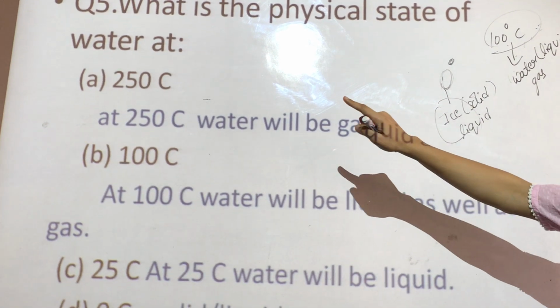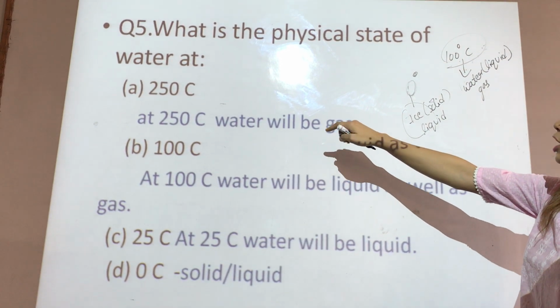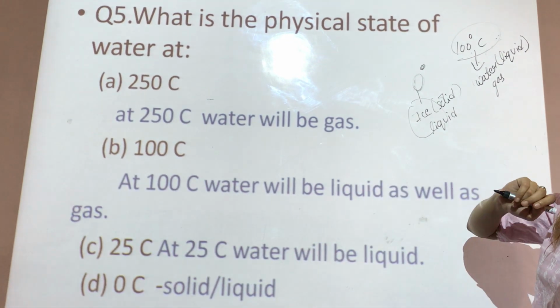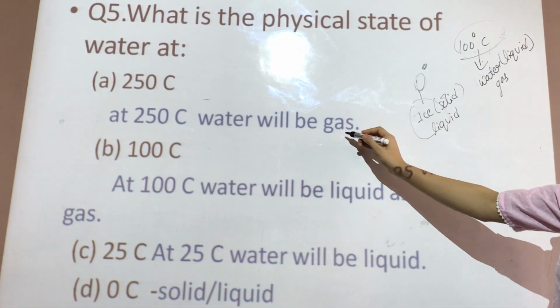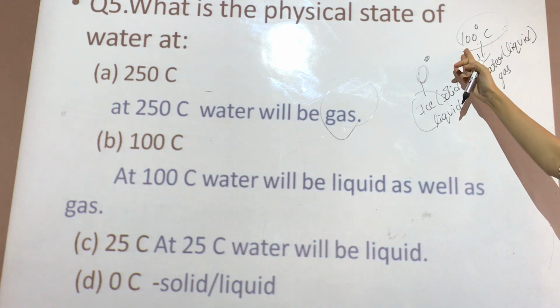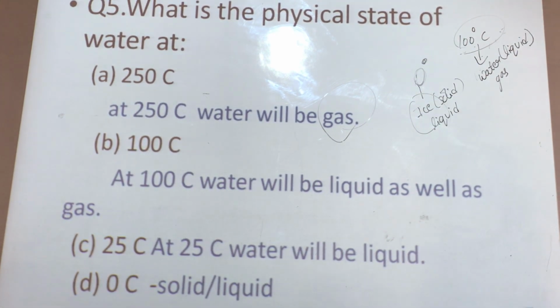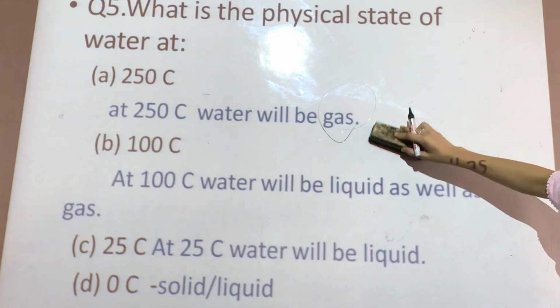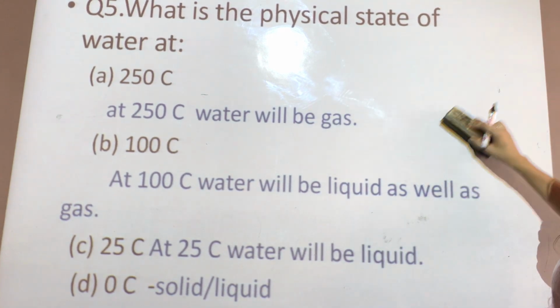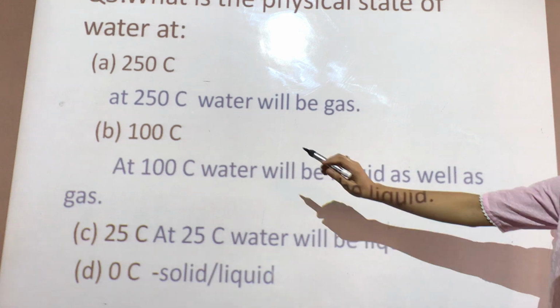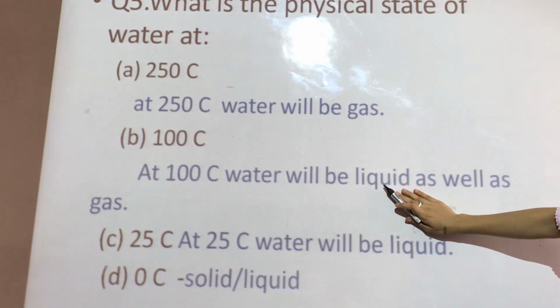Now you tell me, at 250 degrees Celsius what will be the physical state of water? Of course it will be a gas, because at 100 degrees Celsius it starts evaporating, converting into vapors. Next one, 100 degrees Celsius, which we just discussed.